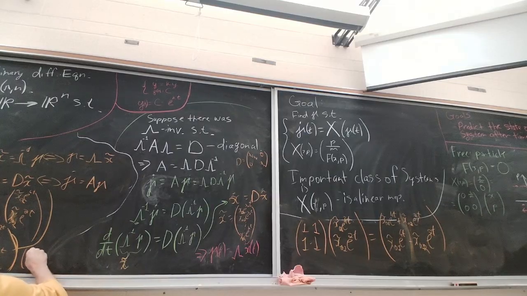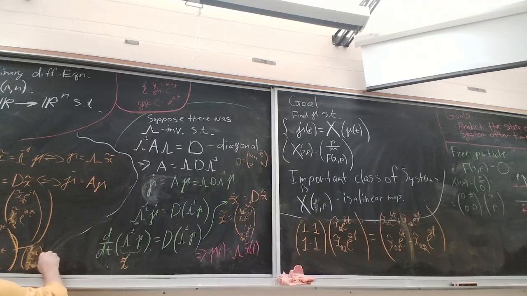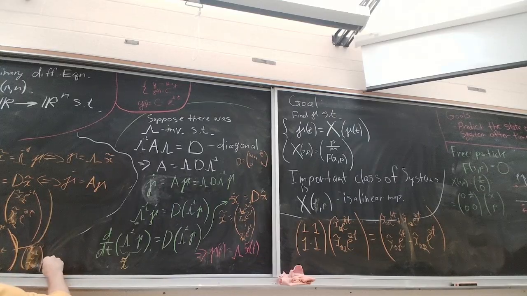So gamma 01, gamma 02, sorry, I want to do it the other way. x01 twiddle, x02 twiddle. So the initial conditions are going to be which matrix going from where to where? The initial condition is just going to be lambda inverse applied to gamma 01, gamma 02.